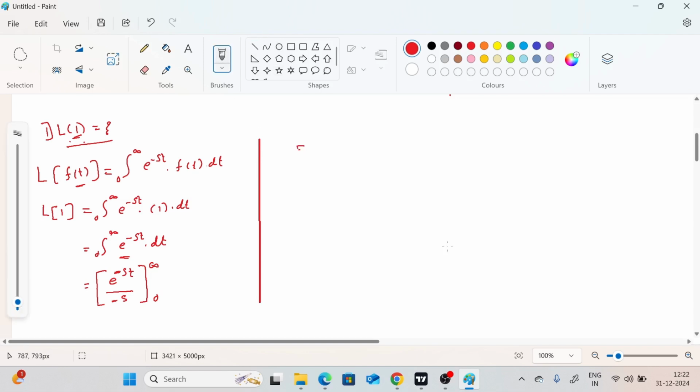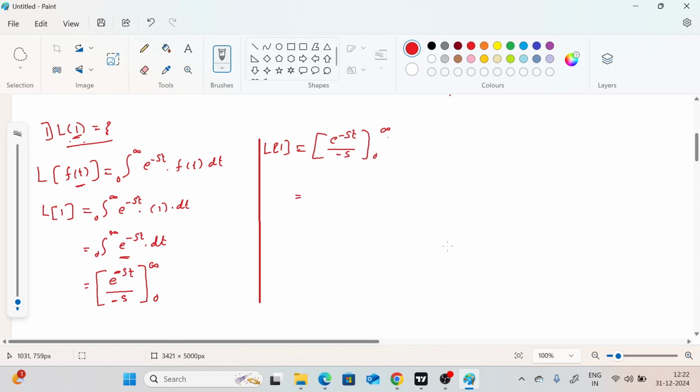What we have is Laplace of 1 equal to the integral from 0 to infinity, sorry, e raised to minus st upon minus s, from 0 to t.